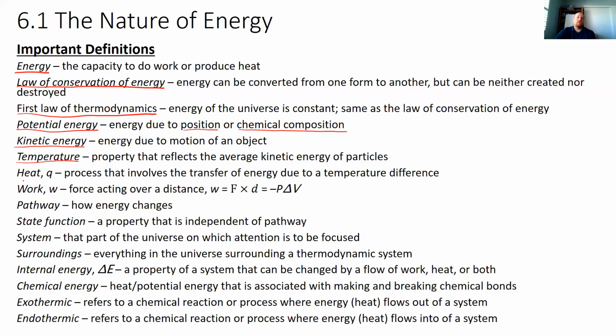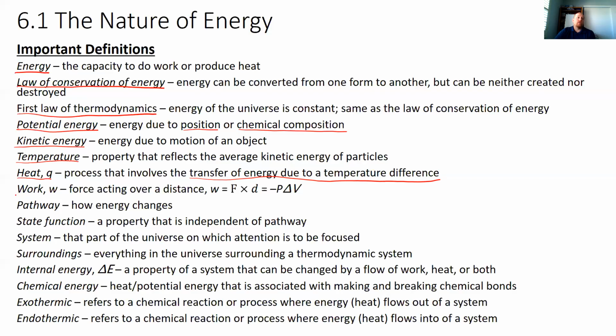Now, with energy, we said energy is the capacity to do work or produce heat. So heat is actually a process, just like work is a process. Heat is a process that involves the transfer of energy due to a temperature difference. If you were to touch something at a higher temperature, your nerves would detect that, and it would feel hot to you because the energy was transferring to your lower temperature fingers.